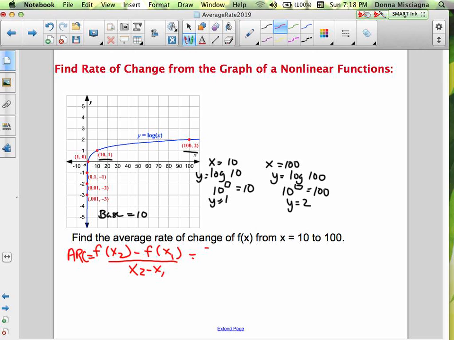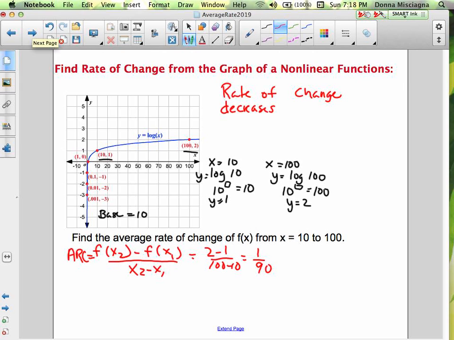So that would be 2 minus 1 over 100 minus 10, which is 1 over 90. So you see that the rate of change decreases. That's a really small slope: one vertical change for 90 change in the horizontal, and it will get worse over time.